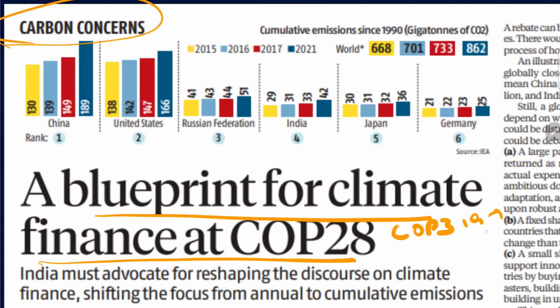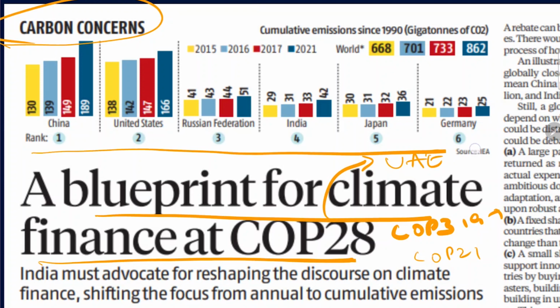Then COP8 2002, it was in New Delhi. COP15 2009, Copenhagen Summit. And COP21 is very famous. It is in Paris. Okay, 2015 in Paris. And COP28 will be in the month of December. It will be in UAE, United Arab Emirates. Okay. Now, carbon concerns. There is some data that is given.